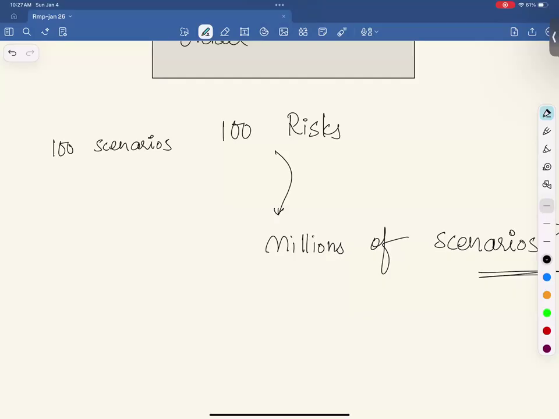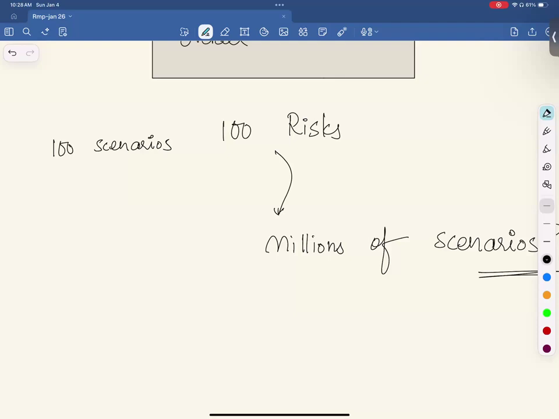If two risks are occurred out of 100, how many potential scenarios can we have? Anyone, please? Random guess. 10,000. Okay.